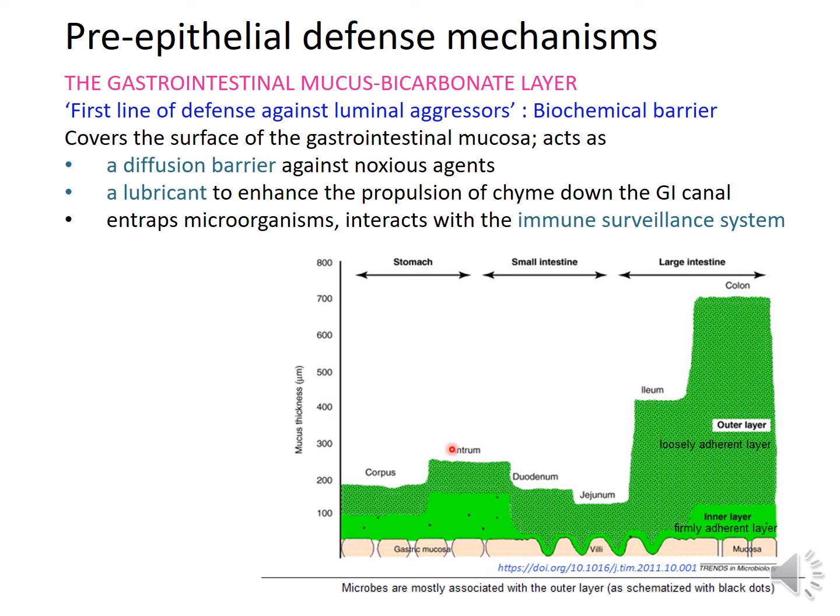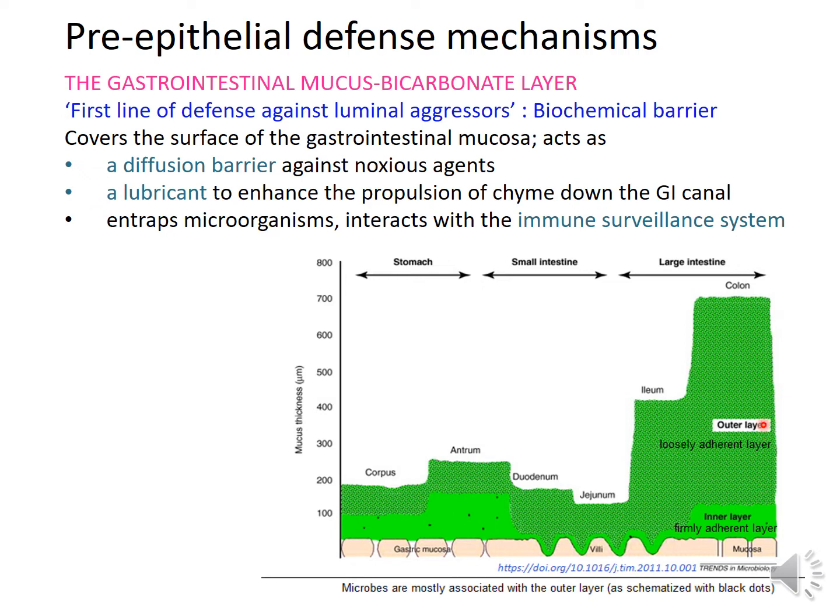The pre-epithelial defense, the mucus bicarbonate layer, is a biochemical barrier and is considered the first line of defense against luminal aggressors. Two types of mucus layer are here. The inner layer is very firm and adherent and covers the whole epithelial surface.